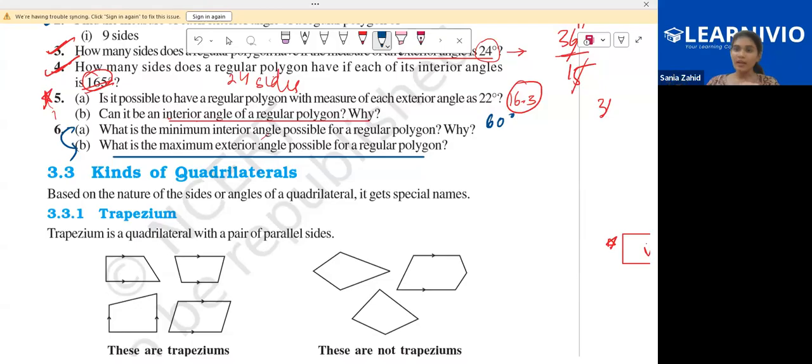So if one decreases, the other increases. If interior was minimum, that's 60, so 60 plus 120 equals 180. That means 120 is the maximum exterior angle possible. Okay. So copy 6A and B part.